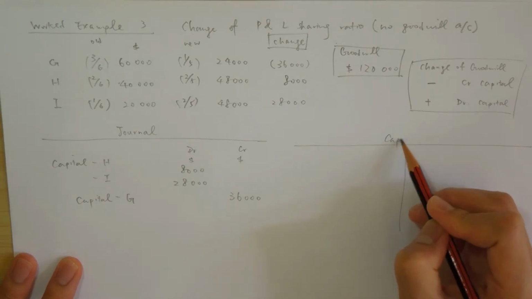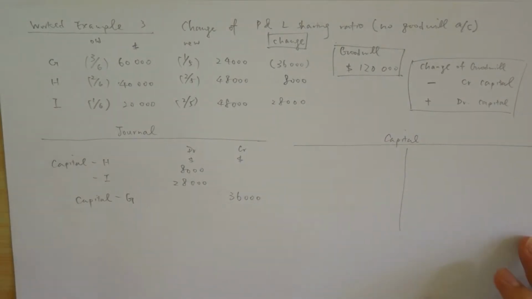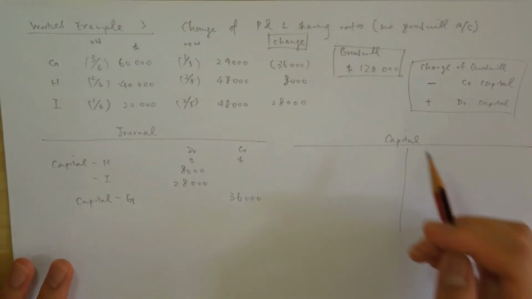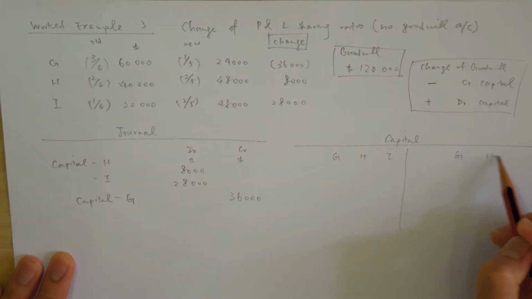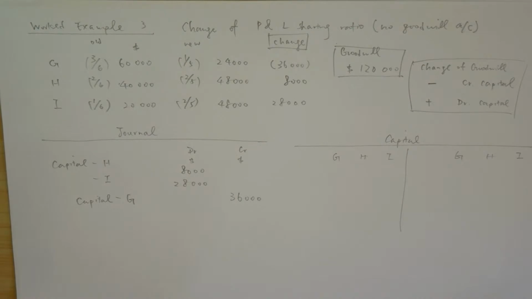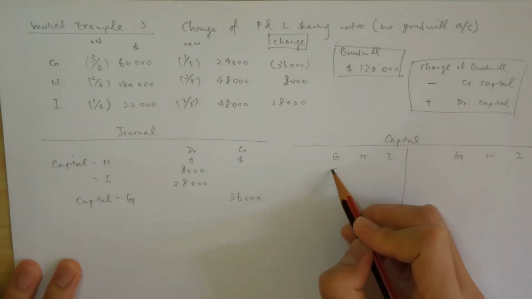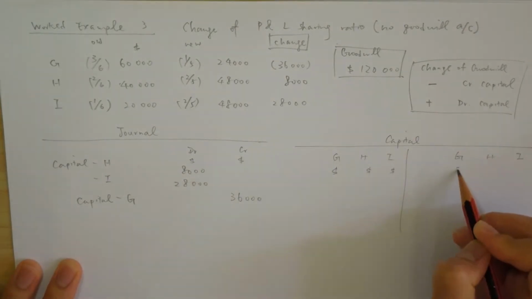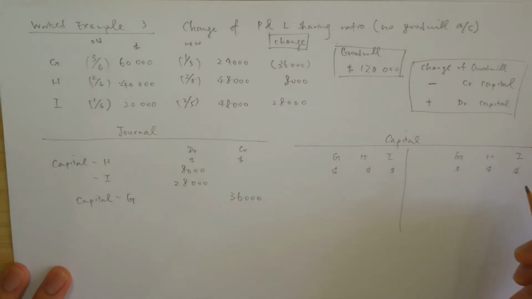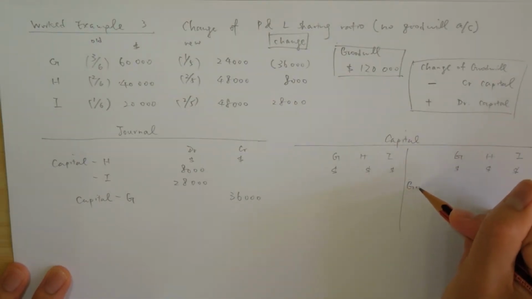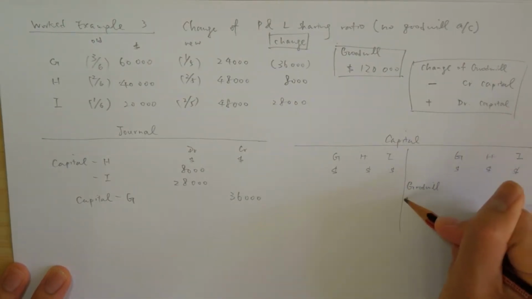For the adjustment, we have G, H, I. The relevant accounting adjustment will be like this. We write it like this. It is related to goodwill adjustment, so we write goodwill adjustment.